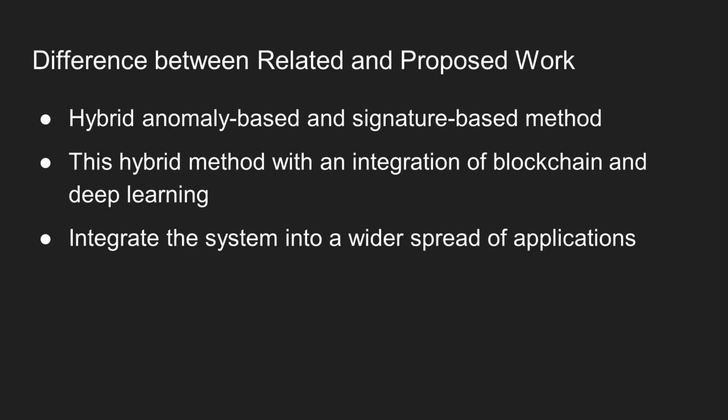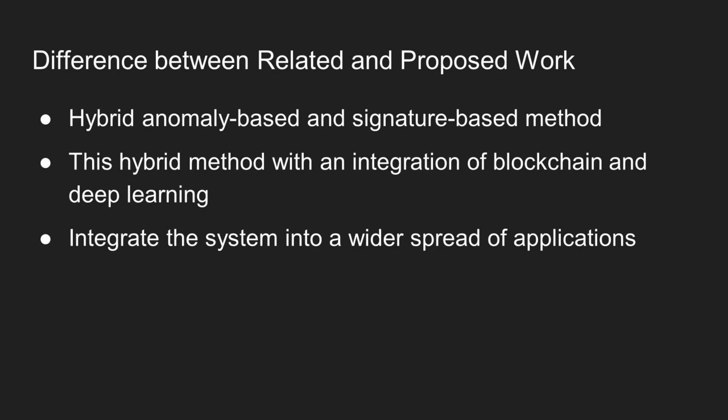So I propose that if you use a hybrid of anomaly-based and signature-based methods, then it could minimize or boost the accuracy of the system in alerting users to potential threats.